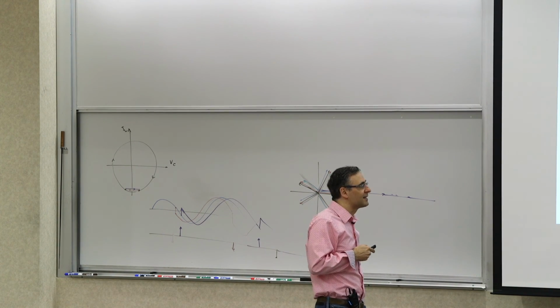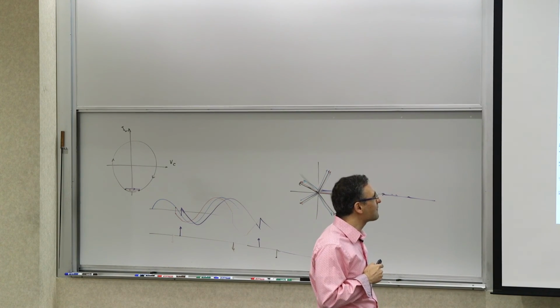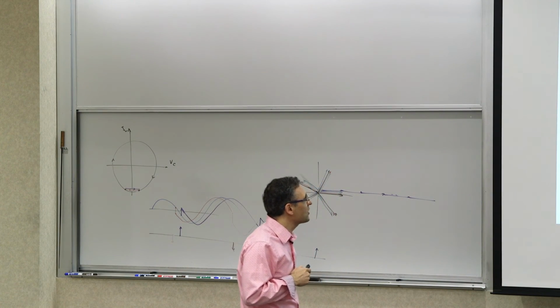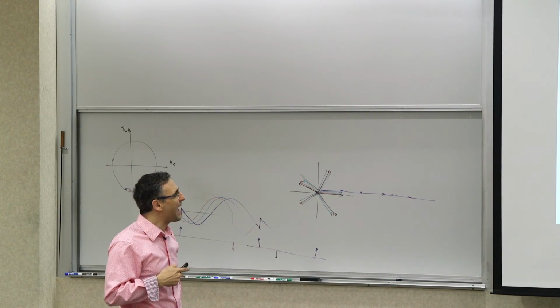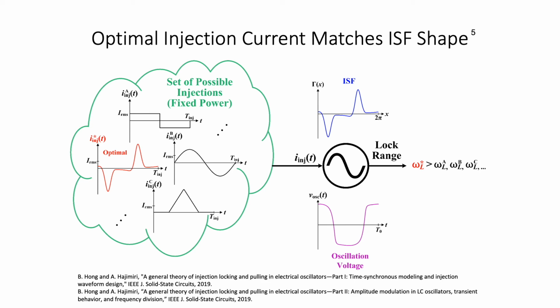Well, it says that it should be matching the shape of the ISF, right? So if you think about this, this is the space of all the possible injection power sources. You can have multiple different kinds of waveforms going into your oscillator.